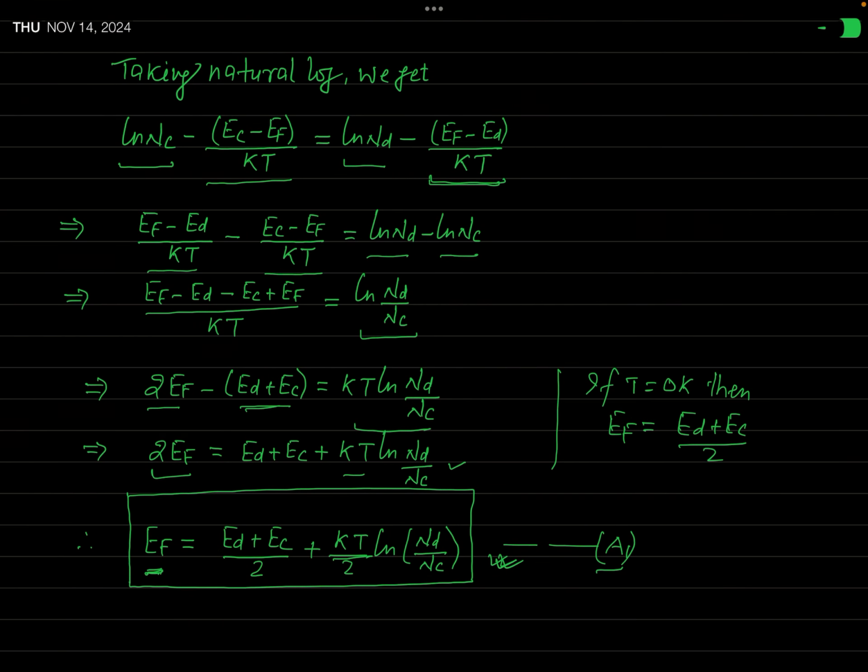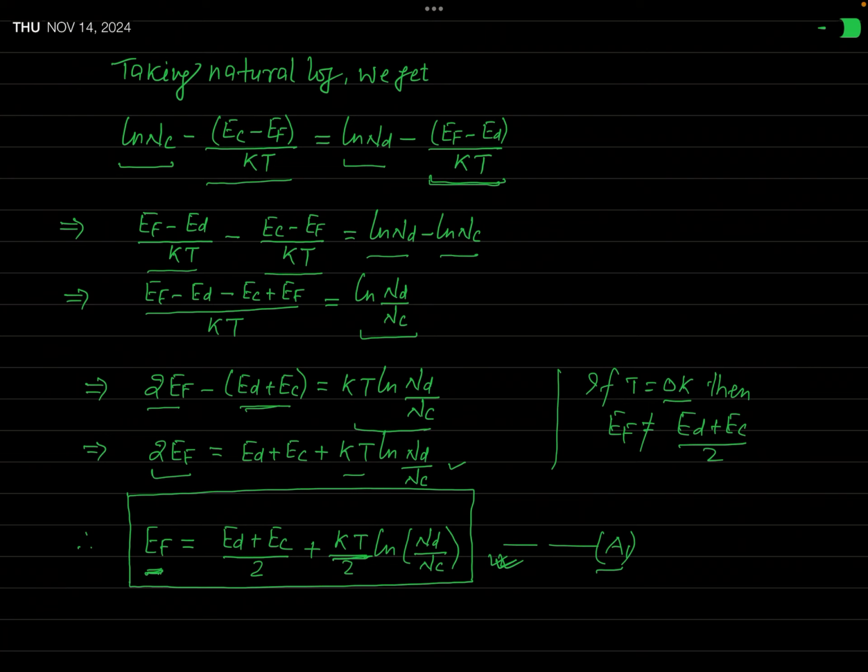completely incorrect. When T is equal to 0 Kelvin, actually EF is not equal to ED plus EC over 2. Why are we saying like this? Because you can see in this second term, not only T is present here, but Nc is also present.